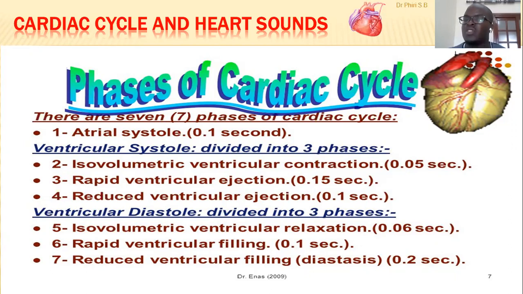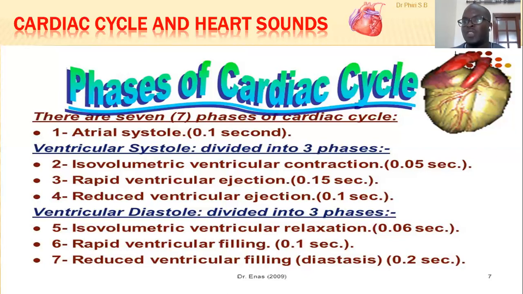The ventricular systole is also divided into 3 sub-phases. You have phase 2, which is called the isovolumetric ventricular contraction, then phase 3, rapid ventricular ejection, phase 4, reduced ventricular ejection. Then after the ventricles contract, what will follow is diastole.